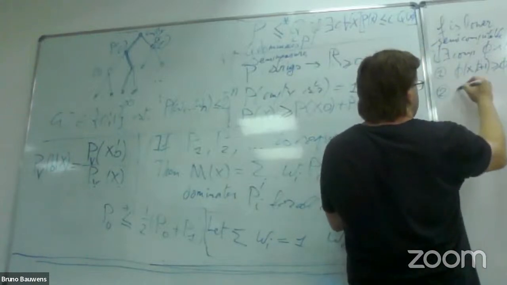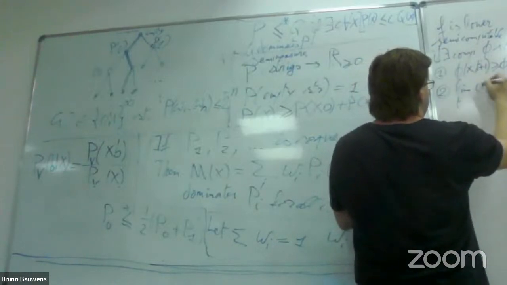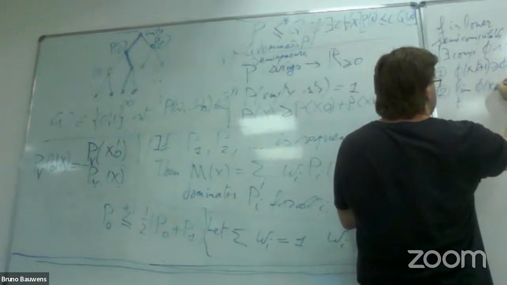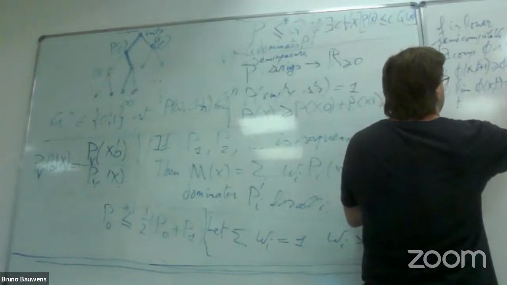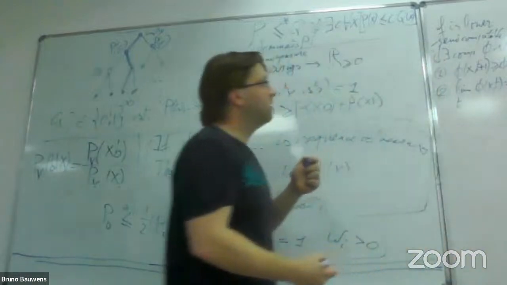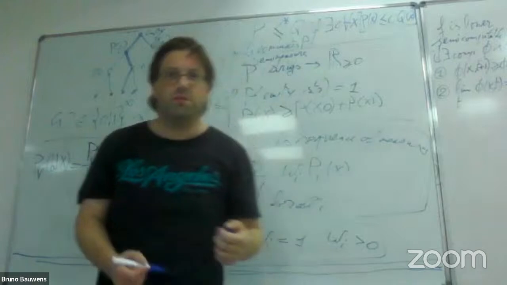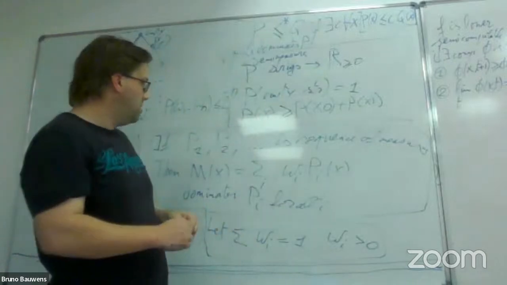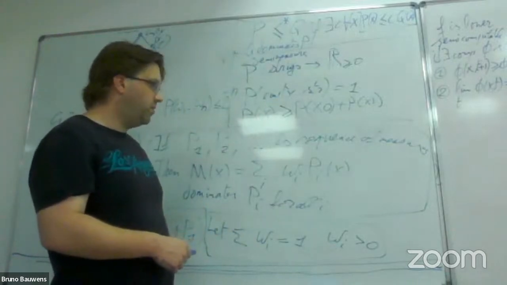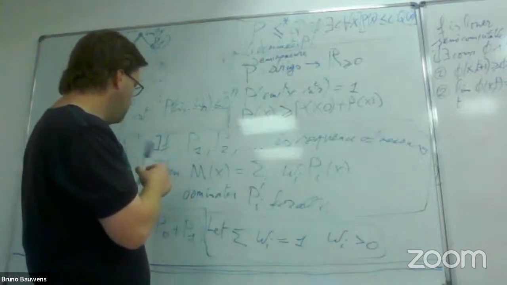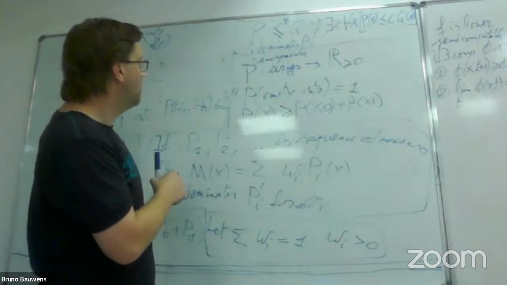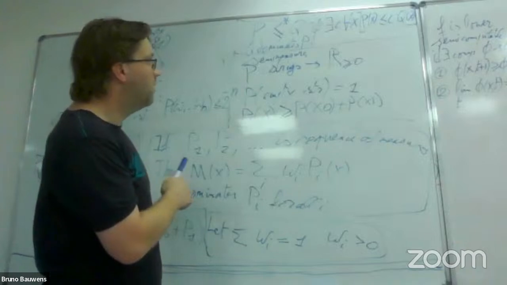And the second condition is that the limit for t of phi of x, t equals f of x. Okay, but why did I say this?